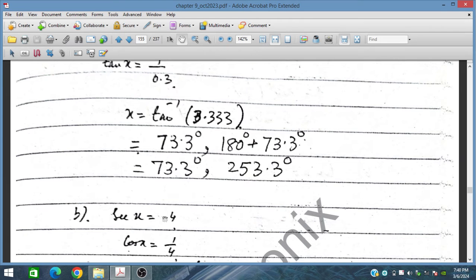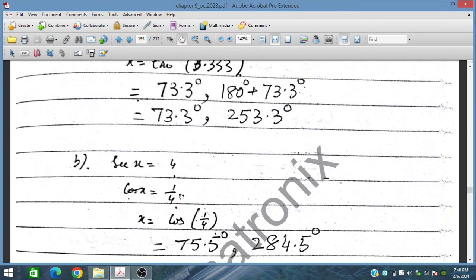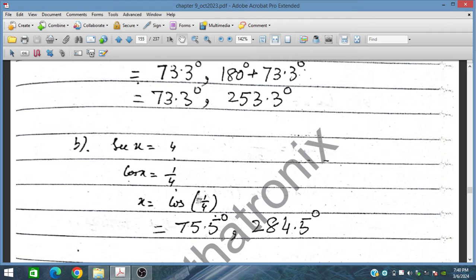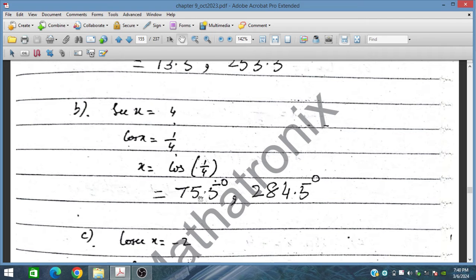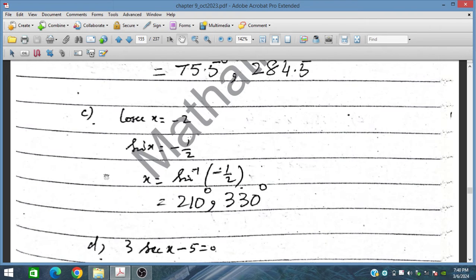Similarly, for sec x is equal to 4, cos x is equal to 1 over 4, x is equal to cos inverse of 1 over 4, which is 75.5 degrees, and we have 360 minus 75.5, which is 284.5 degrees. So this is the first quadrant, this is the fourth quadrant.